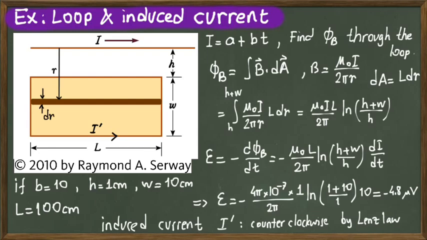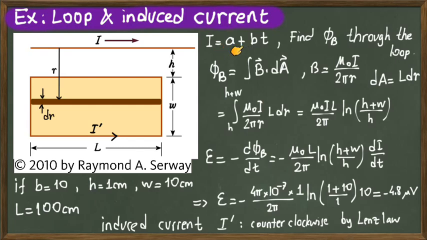And what about the direction? Since this b is a positive quantity, the flux will be increasing, right? Because I is increasing. With b a positive quantity, whatever a is, a might be a negative or positive quantity, it doesn't make any difference.